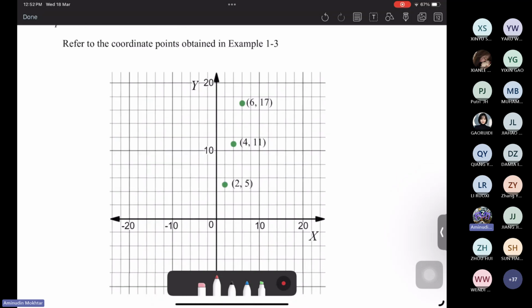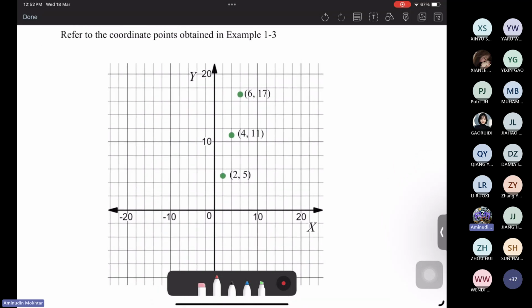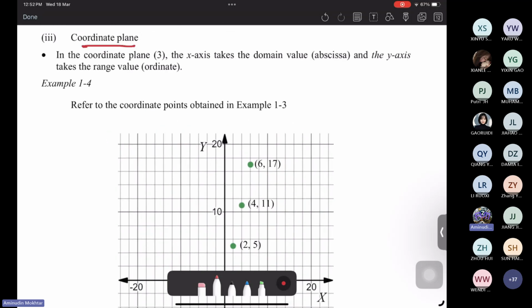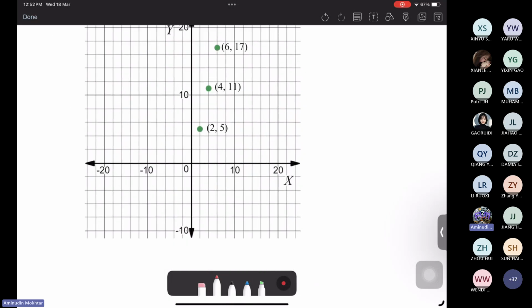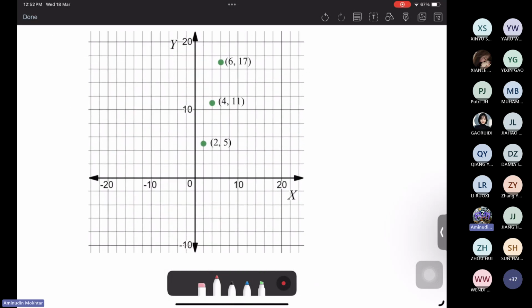I hope you're familiar with this graph. In this graph, we have a horizontal and a vertical line. The horizontal line is for input or domain.